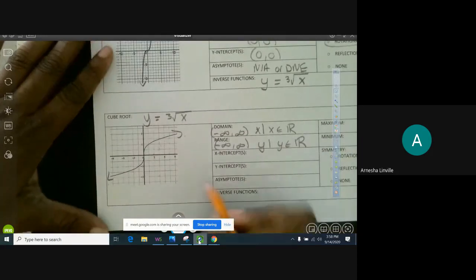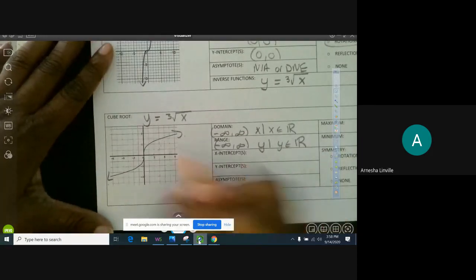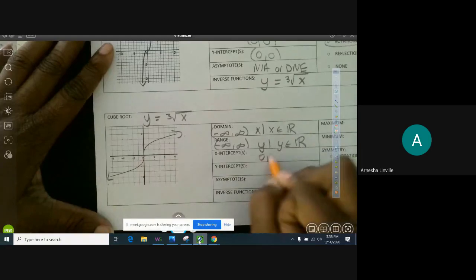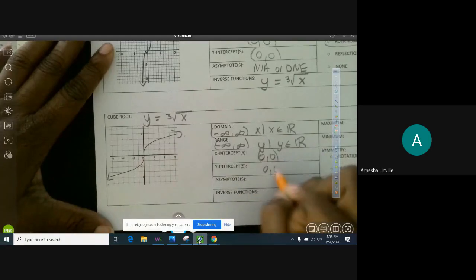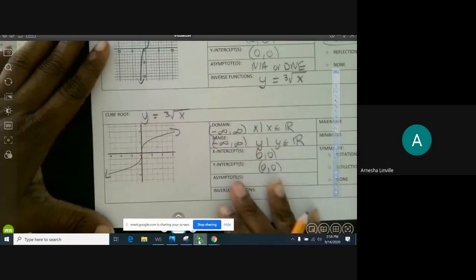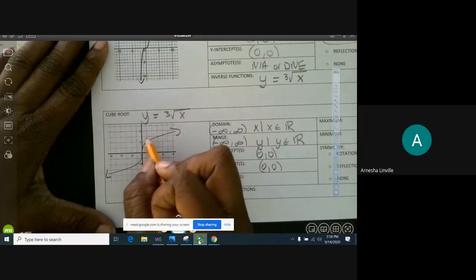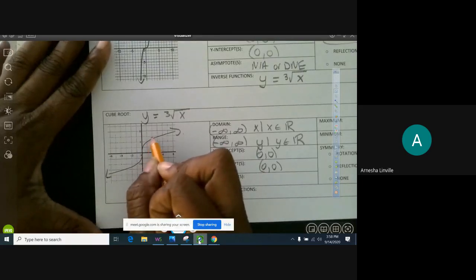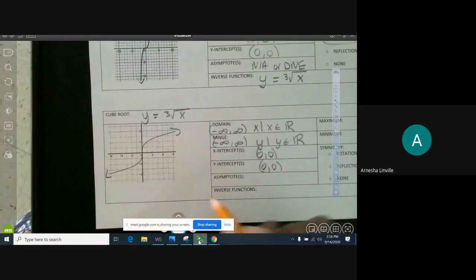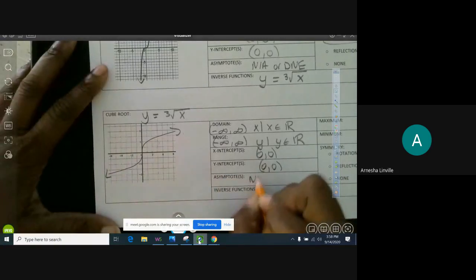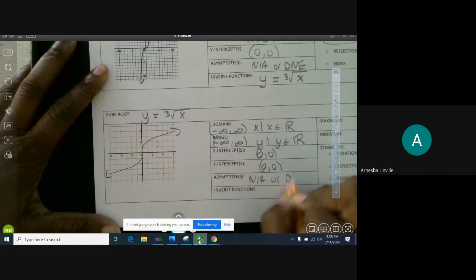Okay, looking at the intercepts, where does it touch the x and y axis? It's touching at the origin, so therefore your x and y intercepts are both going to be at 0, 0. If I look at the graph, again, there's no jumps, no holes, no parts of the graph that are leveling out, so therefore there isn't an asymptote, or does not exist.